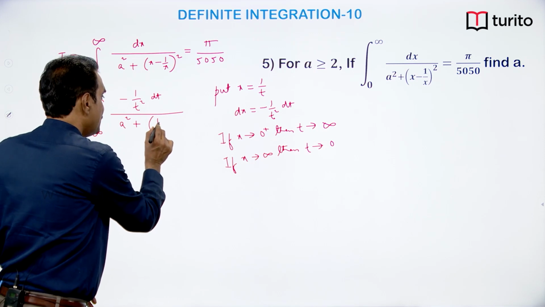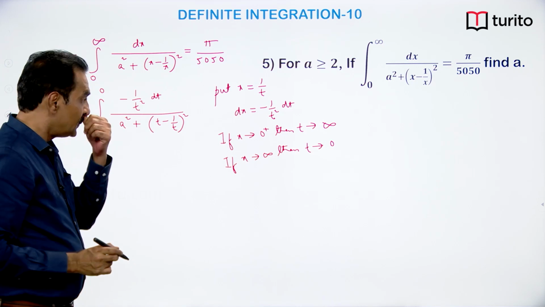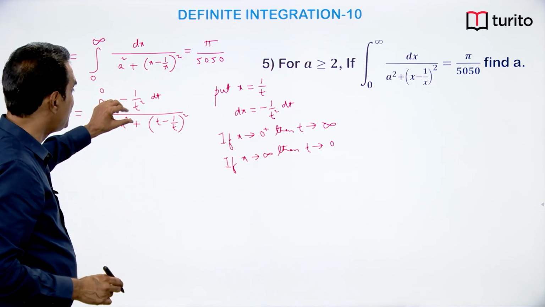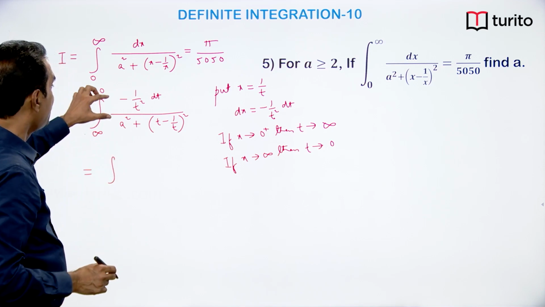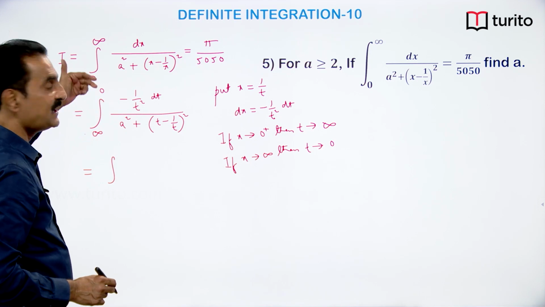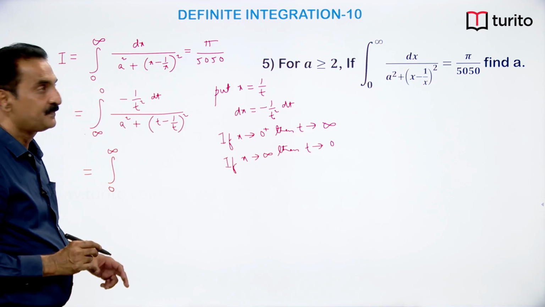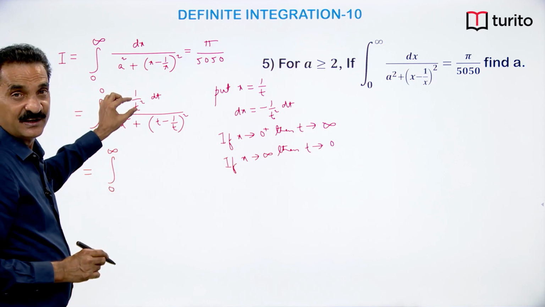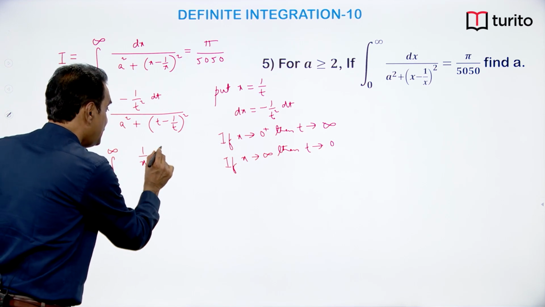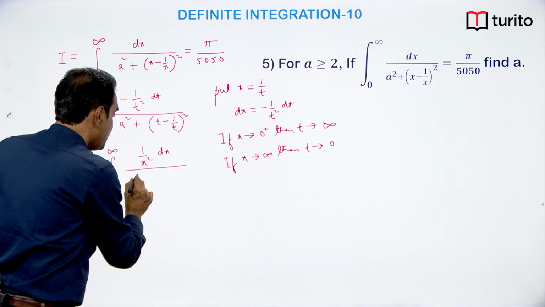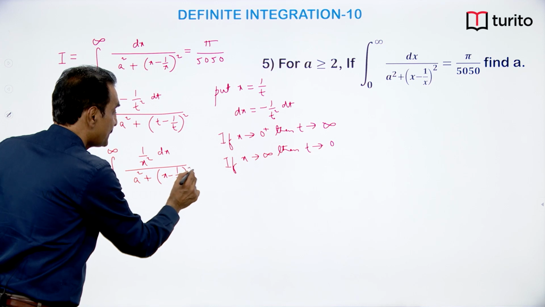So I will write t minus 1 by t whole square. Now I can change t to x without changing the limits, and at the same time remove this minus sign and interchange the limits. So I can write integral 0 to infinity, I am going to change the variable t to x. It will be 1 by x square dx by a square plus x minus 1 by x whole square.